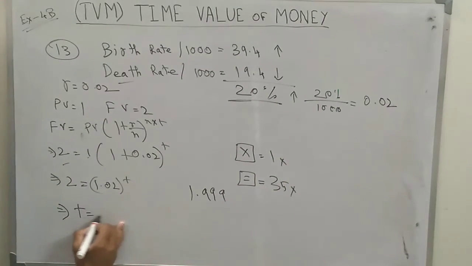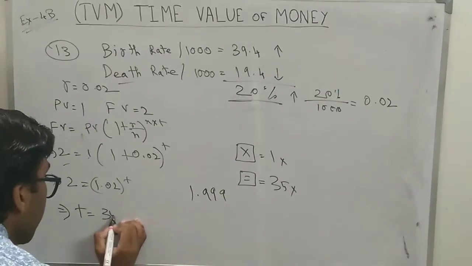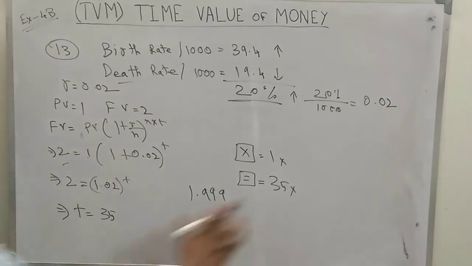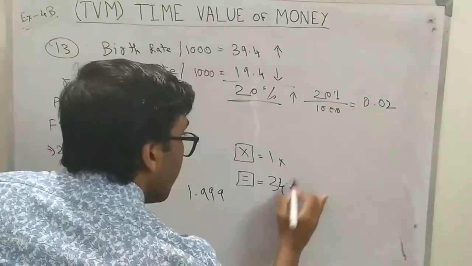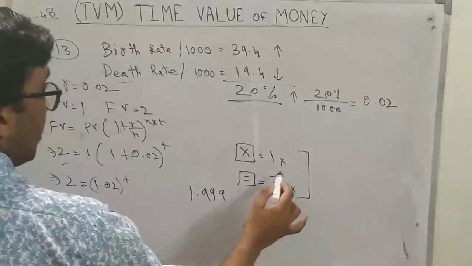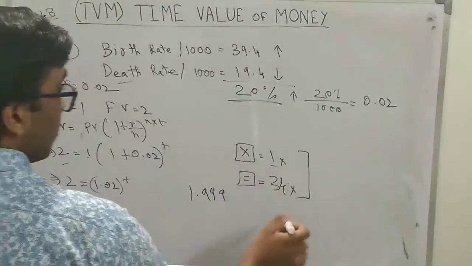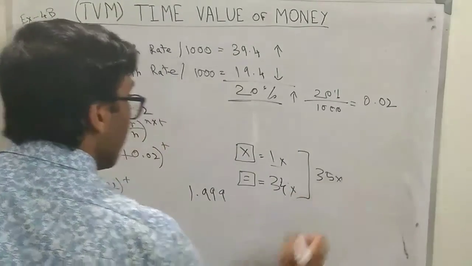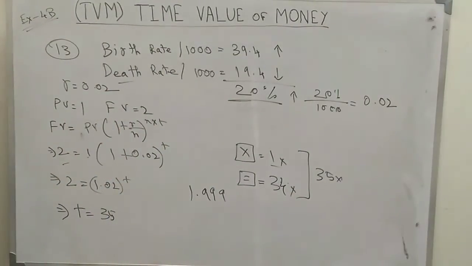That means the value of T is 35 years. Sorry, it will be 34 presses, because I have calculated inclusive of 1. That means the total is 35.